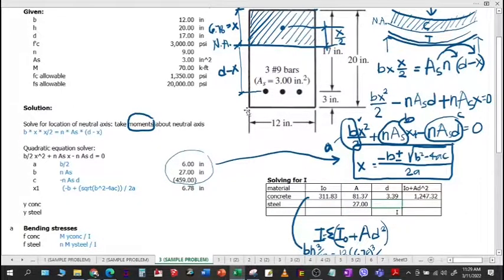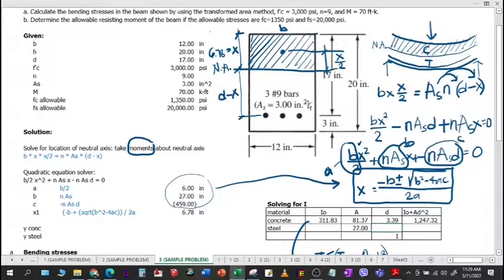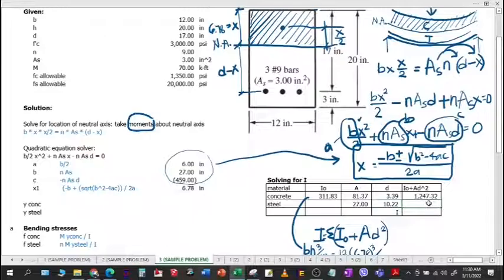Okay, then for D, the distance between the centroid here to the neutral axis, that will be D minus X. So simply 17 minus 6.78. That will be 10.22. And IO plus AD squared, we don't have IO, so simply AD squared, we can generate this value.